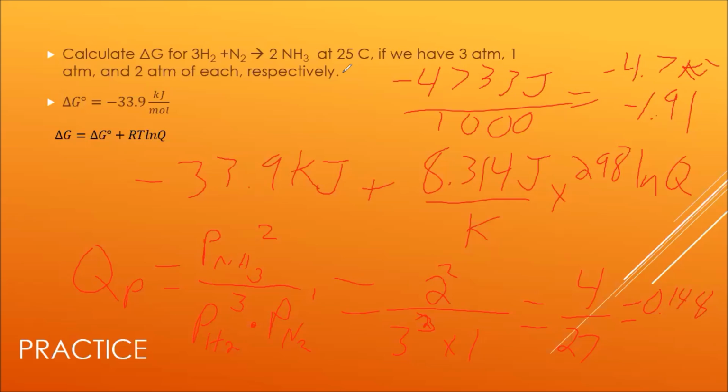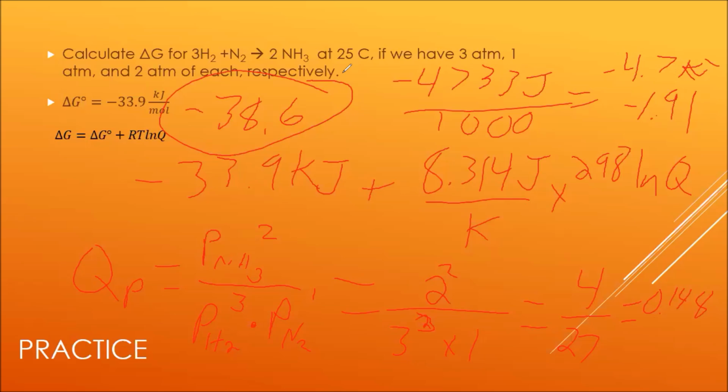So this may seem like a piddly change, and in fact, it is. It's not a huge change. But it's not like we have zero amounts of ammonia. We have a significant amount of ammonia already.